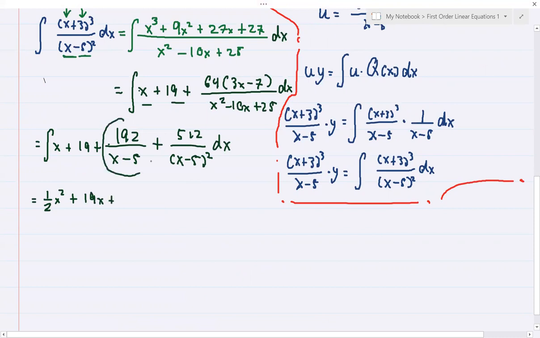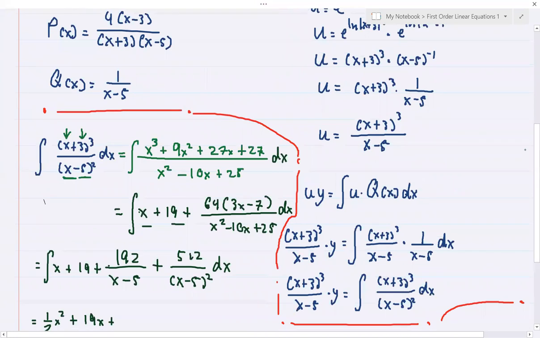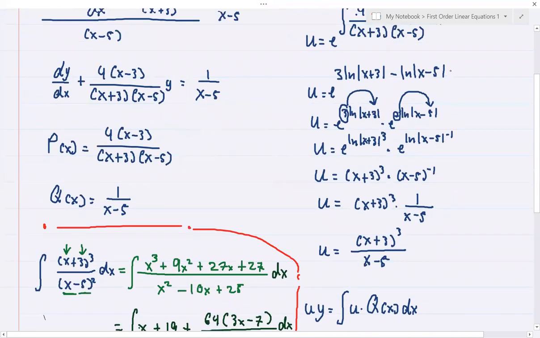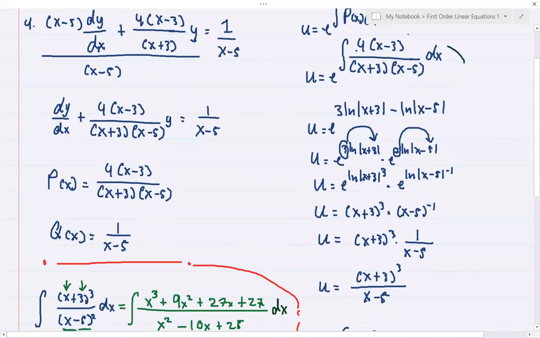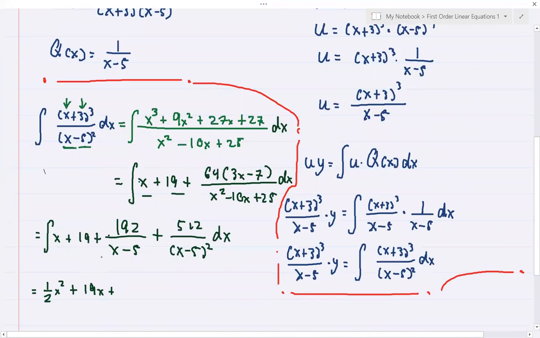How about this one? How will you get the integral for this? You will use substitution. Remember what I did here? Remember how I got the integral for this one, especially the u substitution? You're going to do it here.